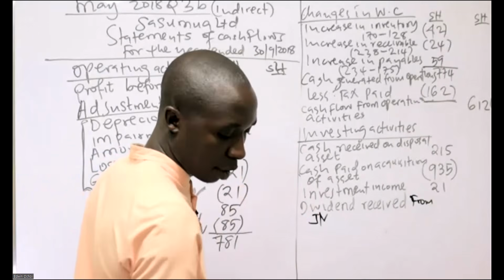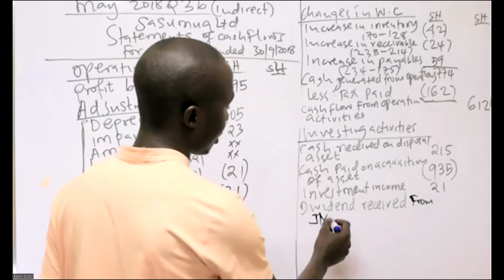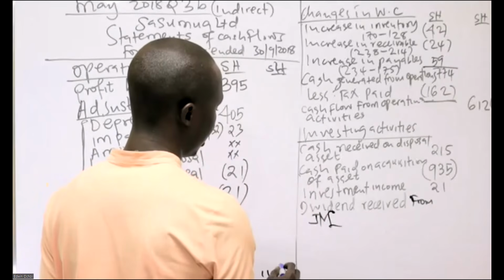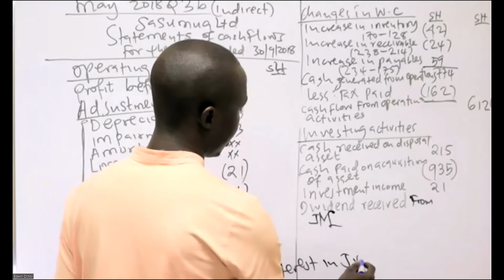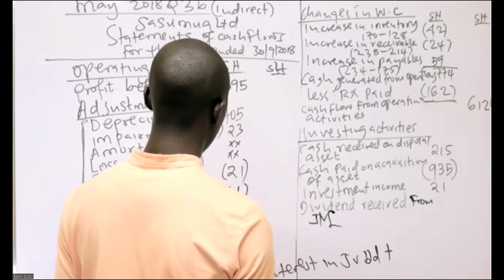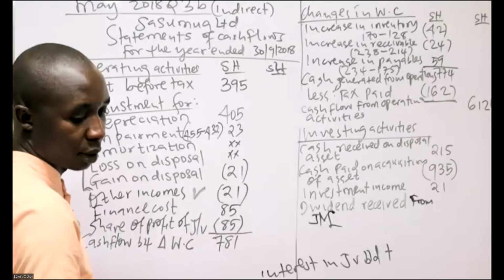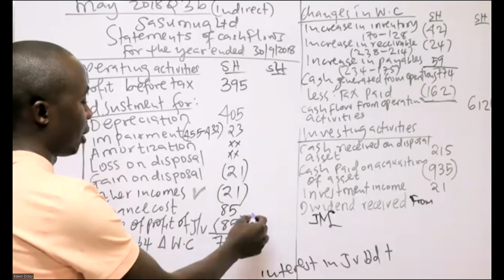And that one means that I have to do an analysis, but it's not even a must we do an analysis. What I will do, I will just take that interest in joint venture, the balance brought down, plus what the parent was receiving during the year from that joint venture as income.